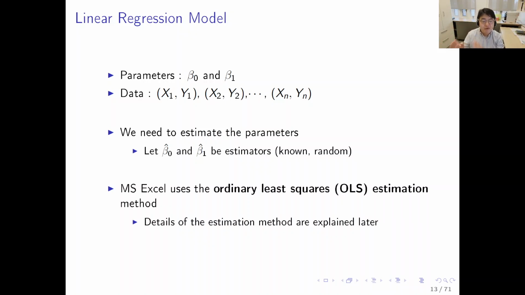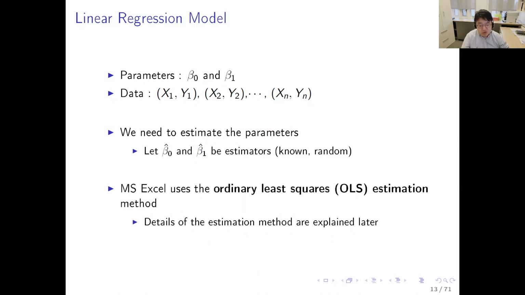They are called in different ways, like weighted least squares, generalized least squares, nonlinear least squares. There are different least squares estimation methods, but this ordinary least squares is the most basic method. So we call this ordinary, and simply, we call that OLS. We are going to use the OLS estimator like this.